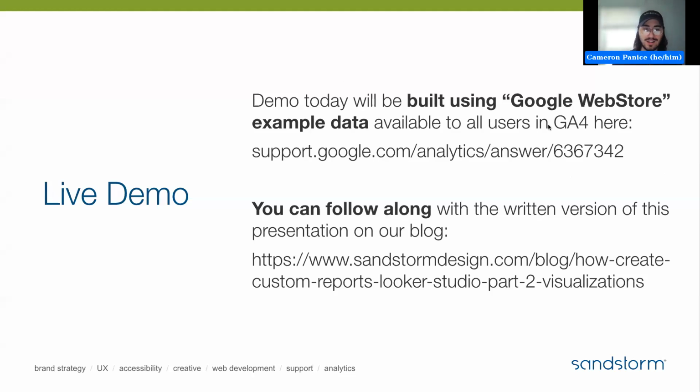If you visit that link right here on your screen, you'll be able to add this demo data to your GA4 property and by extension, be able to add it to Looker Studio. And if you'd prefer to follow along with a written version of this presentation, you can do so on our blog by visiting the link here on your screen. That is sandstormdesign.com/blog/ How Create Custom Reports Looker Studio Part 2 Visualizations.